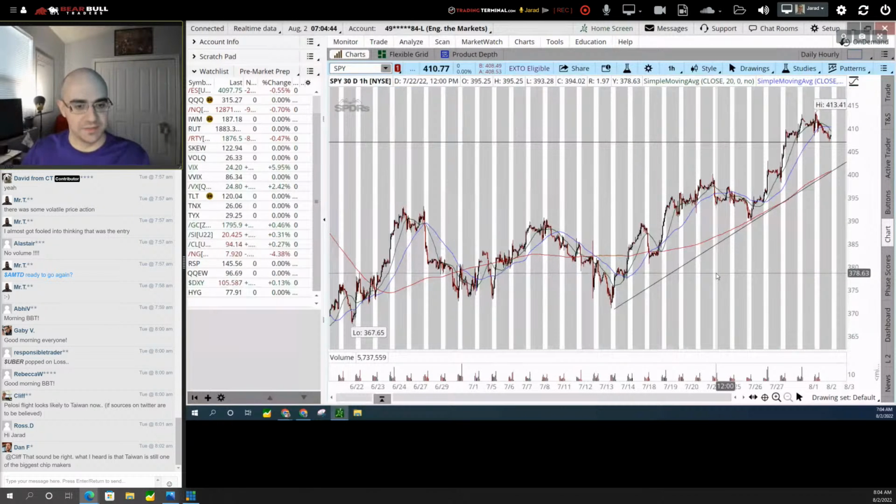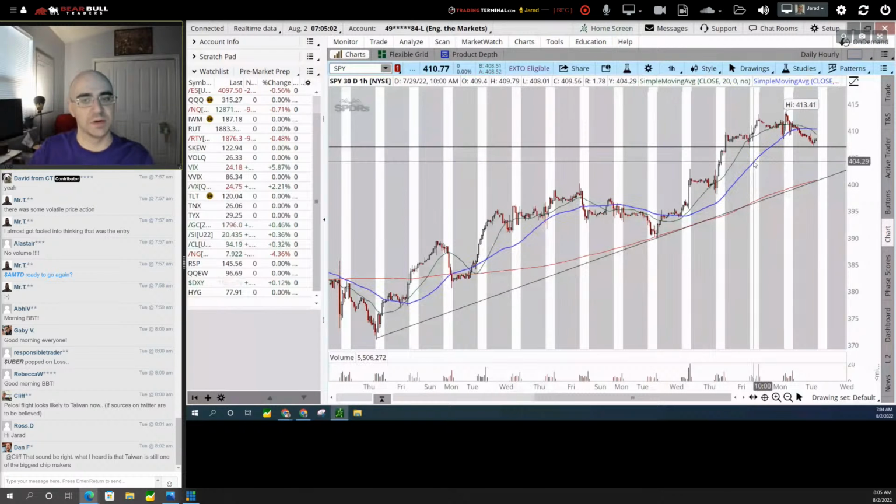When we shift over to the hourly, we can also see a little bit of context as to how far a pullback can go. And what this does is it gives us a sense of some possible pullback targets. Now, obviously, there is some structured support as we are pulling back into this balance range.